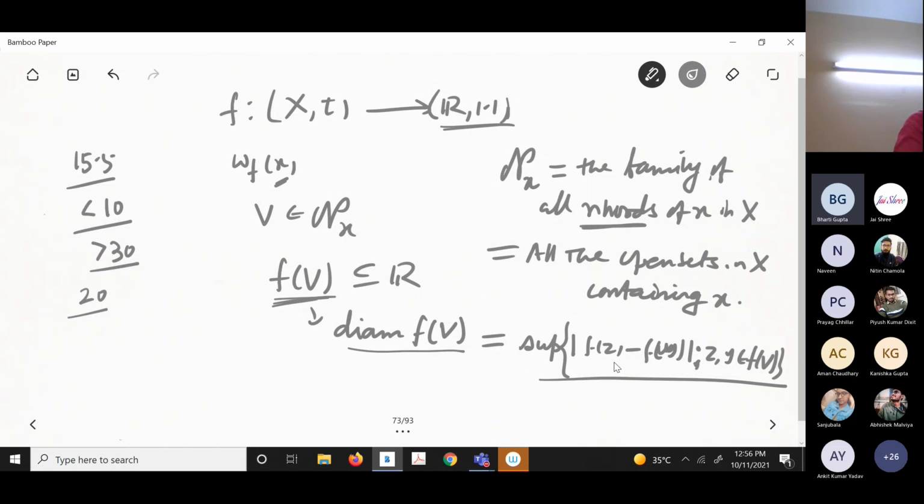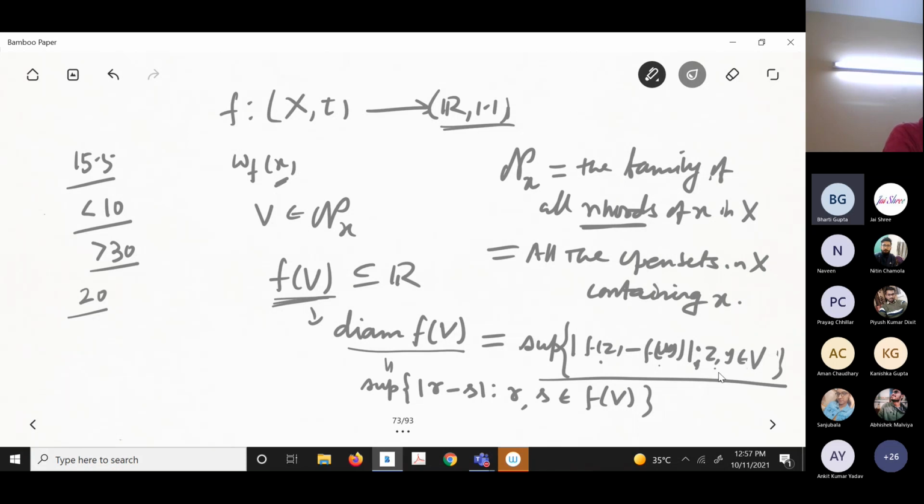Actually z, y is in the domain, so z, y should belong to V. Real numbers r, s belong to F(V), but then r, s we are taking as F(z), F(y). So that is the diameter of F(V).